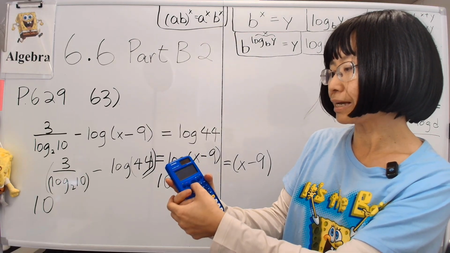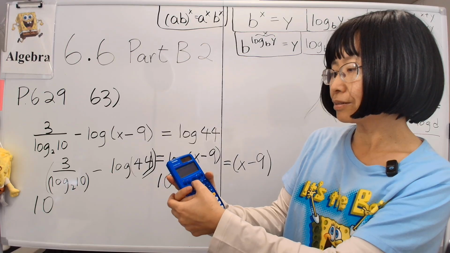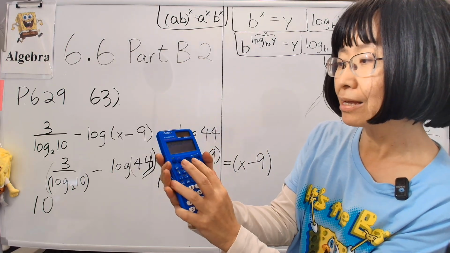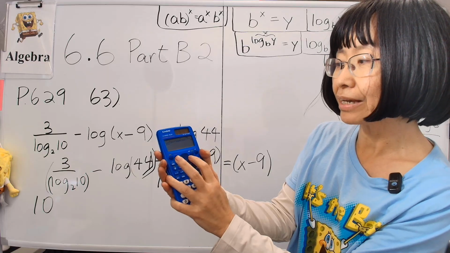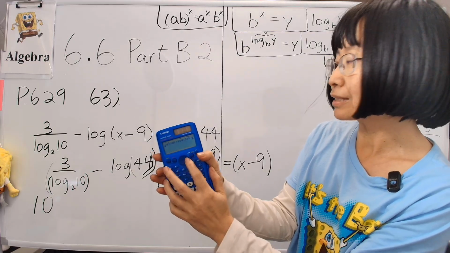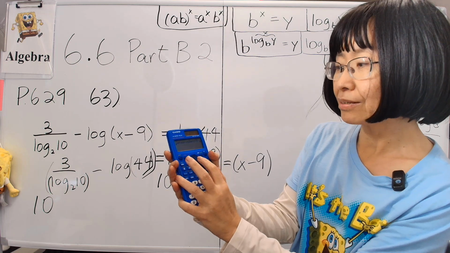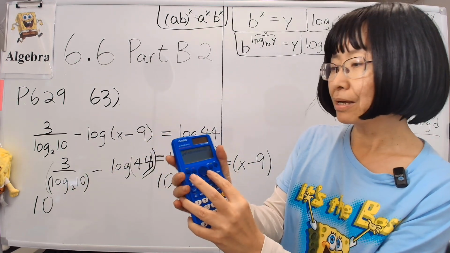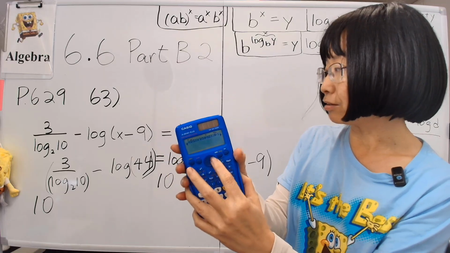Let's look at the whole thing from the beginning: 10 to the power 3 divided by parentheses, log 10 divided by log 2, which is log base 10 of, log base 2 of 10, and then we close parentheses.